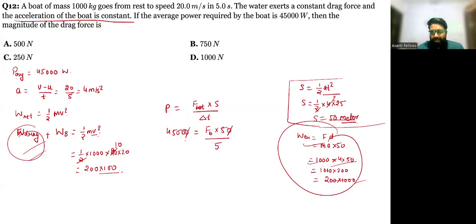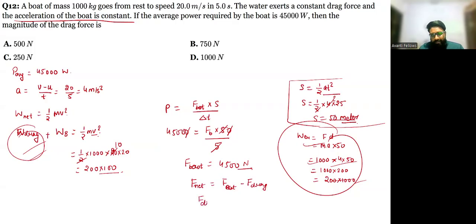Now this cancels out one of the 0s, and 5 and 5 will cancel out. So from here we know that the force on the boat is 4500 Newton. Got it? But we know that the net force, which is actually accelerating this boat, is equal to force of the boat minus drag force, because drag force is acting opposite to this.